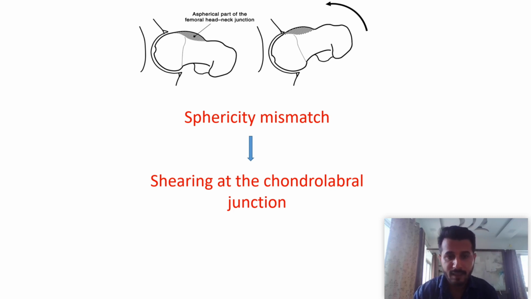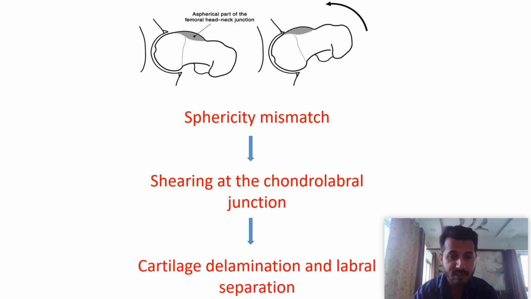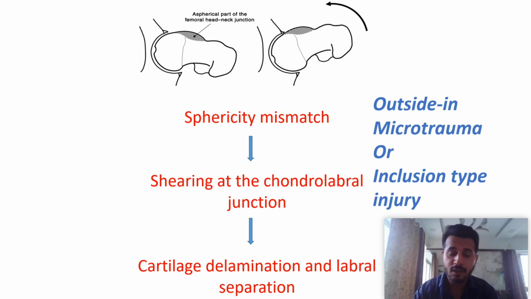Labral involvement in CAM type of FAI occurs later in the stages. So after the shearing at the chondrolabral junction occurs, cartilage delaminates and labral separation occurs from the cartilage. This is something called outside-in trauma or inclusion type injury.